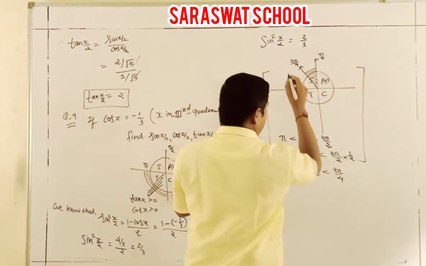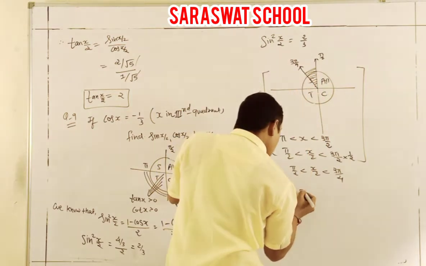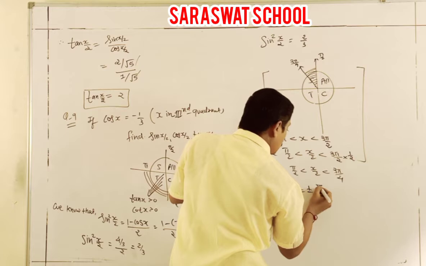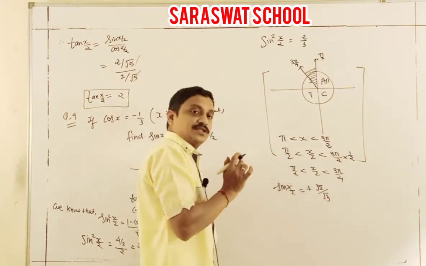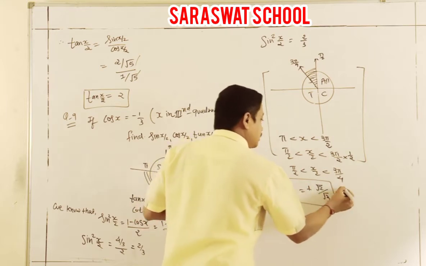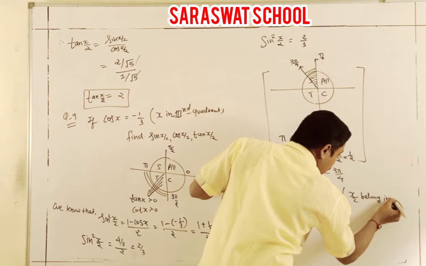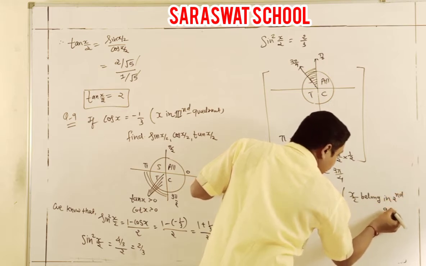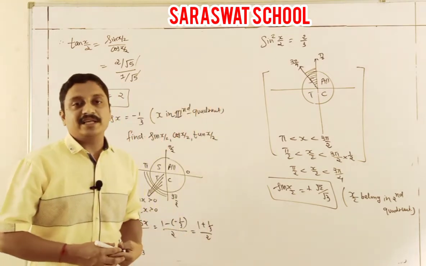So I am telling you that in the second quadrant, sin x by 2 is positive root 2 by root 3. You can't write plus or minus, only positive, because x by 2 belongs in the second quadrant. Here, students, our first part is done.